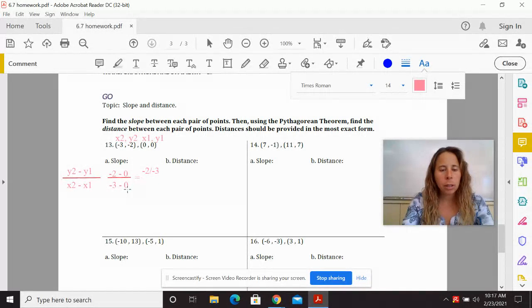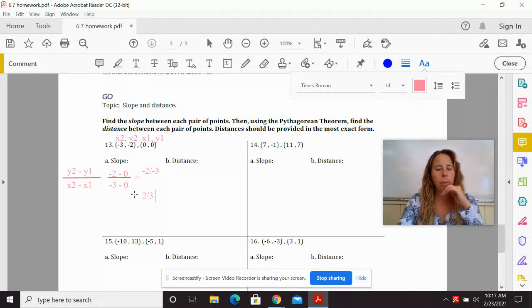A negative over a negative, the negatives cancel each other out. So you're just left with 2/3. So your slope is 2/3.